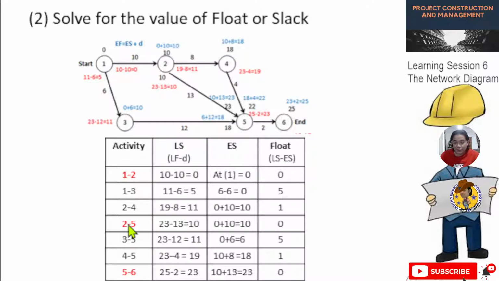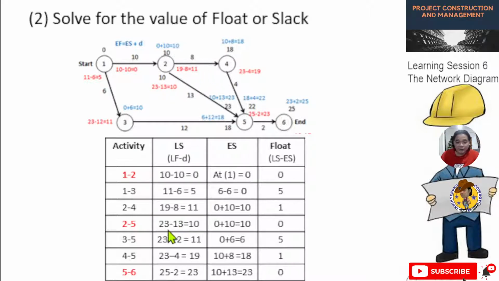For activity 2 to 4, the last finish is 19 and the duration is 8, so 19 minus 8, the last start for 2 to 4 is 11. Then for 2 to 5, the last finish is 23 minus 13, the duration of 2 to 5.